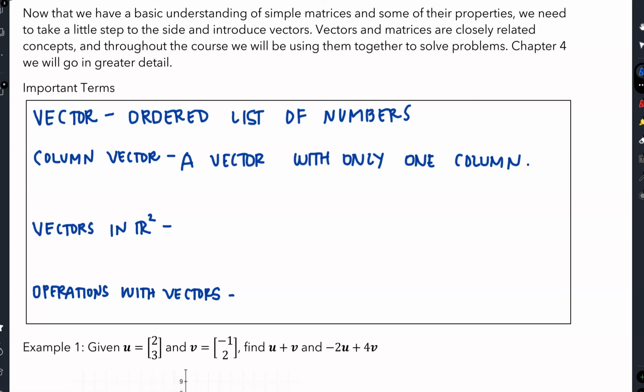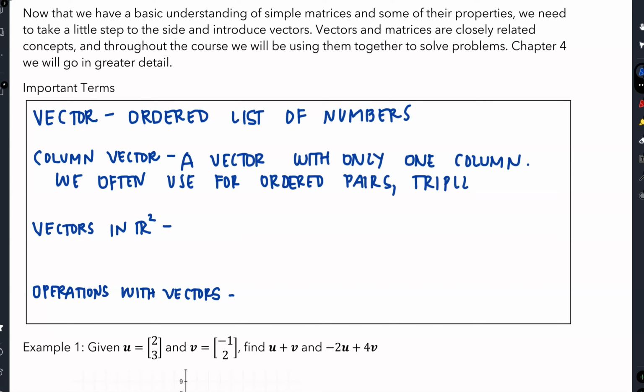We often use this for ordered pairs, or the triples, etc. A column vector V is going to have components 1, 2.